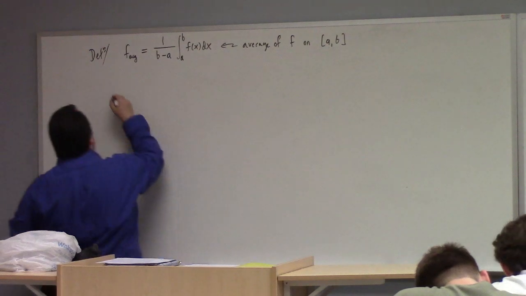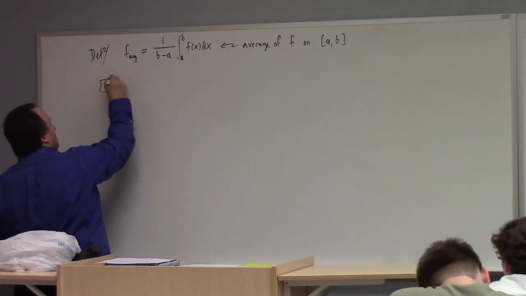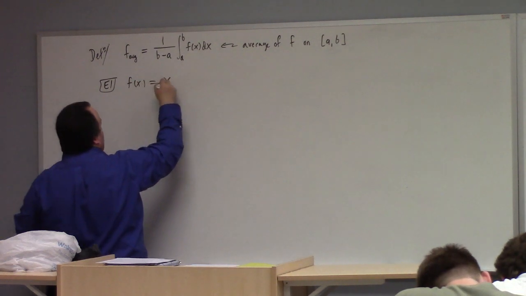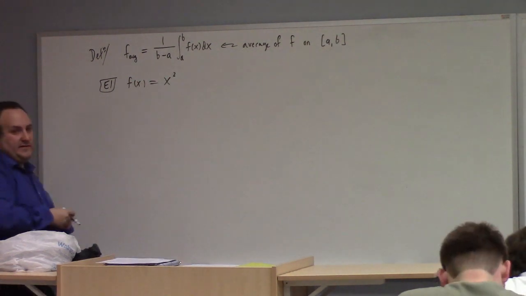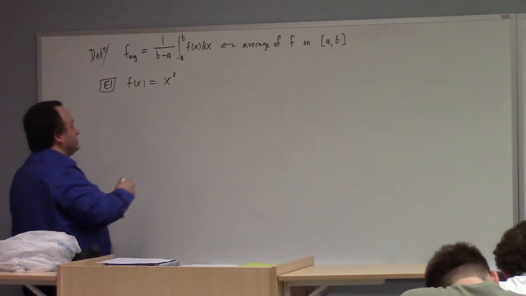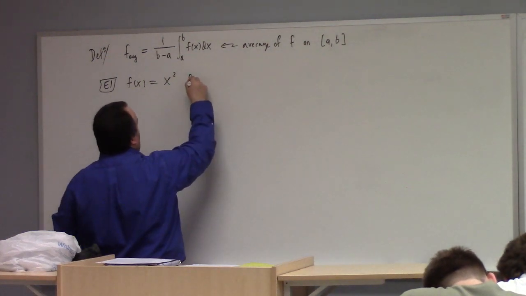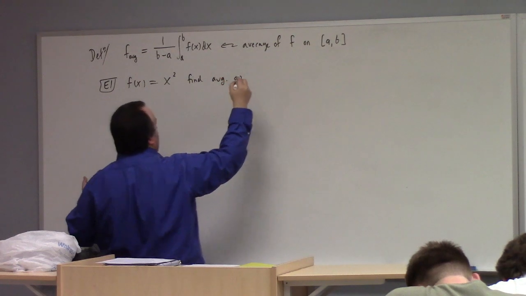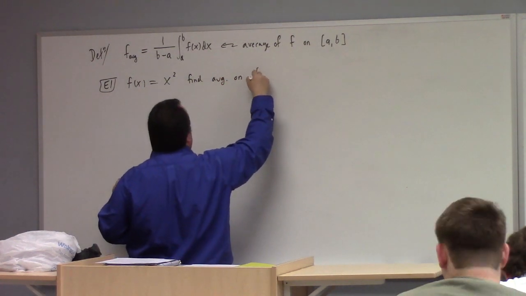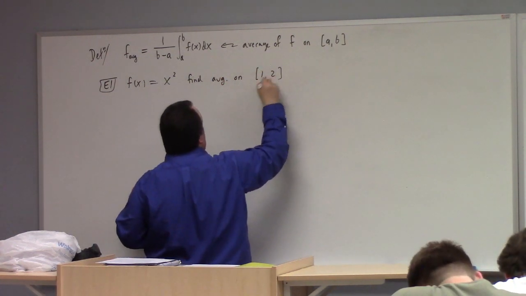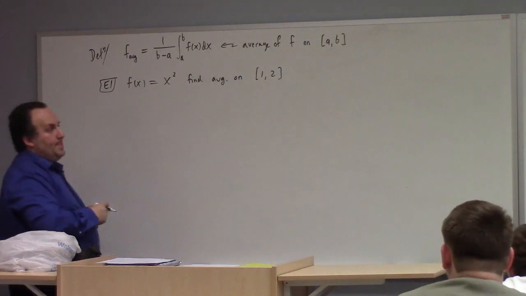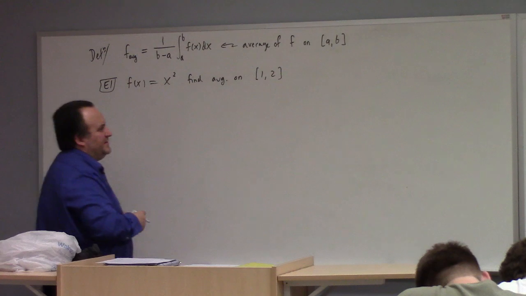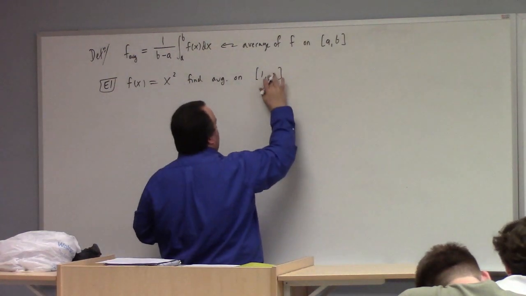So example 1. Let f of x equal x squared, and let's calculate the average on, I don't know, let's say 1 to 2. Oh, that's a bad choice. Let's make it 1 to 3. It's a little bit more exciting.